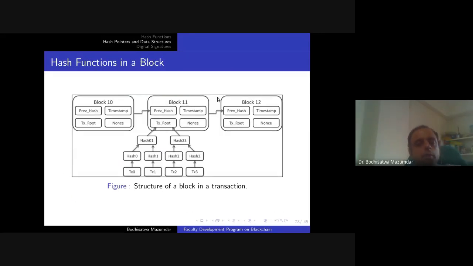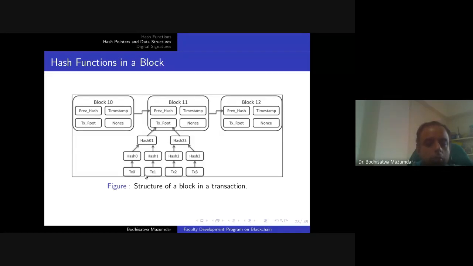So this is how the transactions are stored in the blockchain. Here you have a series of transactions. Basically a block contains the record of numerous transactions. Here you have 4 transactions: tx0, tx1, tx2, and tx3.